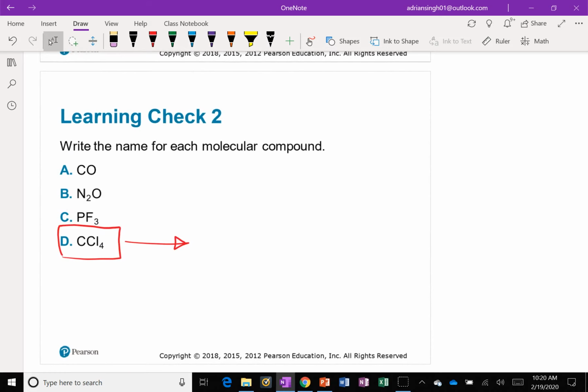First name. C is carbon. Last name for 4 is tetrachloride, exactly.